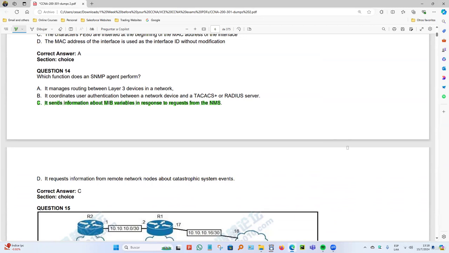So the function that the SNMP, Simple Network Management Protocol, agent performs is that it sends information about MIB variables related to table information. And those variables are being sent in response to requests from the NMS. Those are basically communications between servers, and we're monitoring networking traffic.